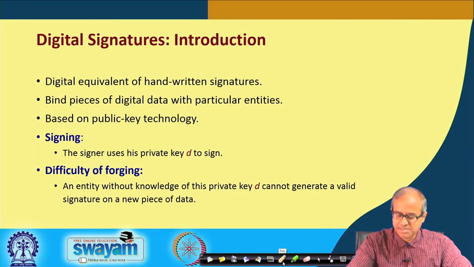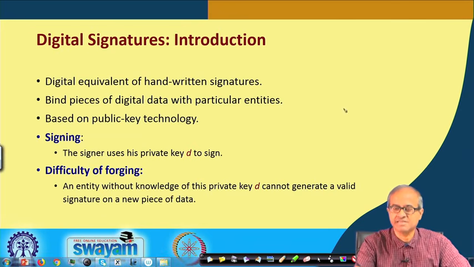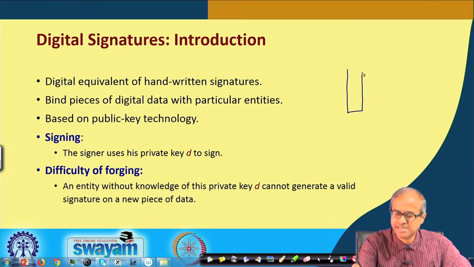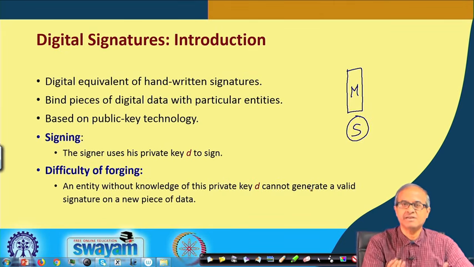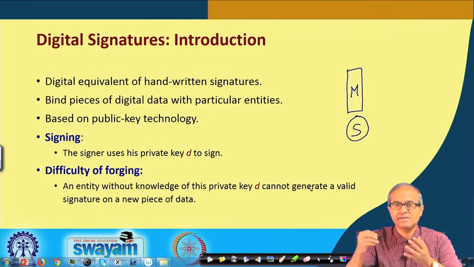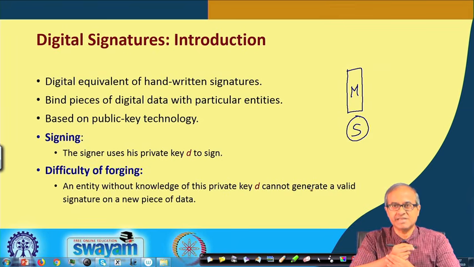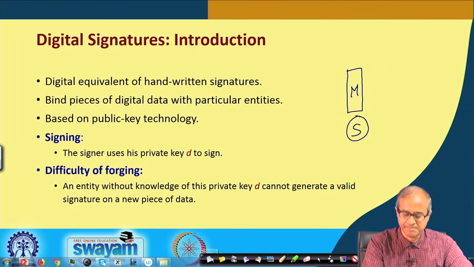Digital signature will be something similar to a hash digest. Like I have a message M, I am saying that I will be appending a signature S to it, something similar to a hash digest, so that the receiver or any other person can verify that it is indeed my signature if I have signed it. Okay.